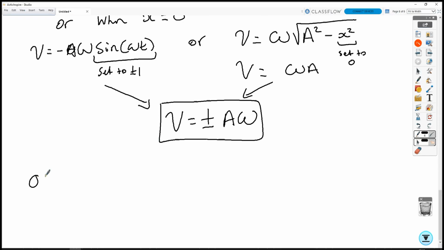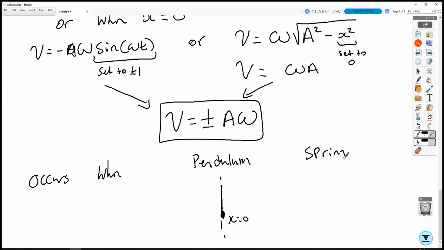And so this occurs when our pendulum is in this position, x equals 0, or for a spring system, where our mass is in the equilibrium position.